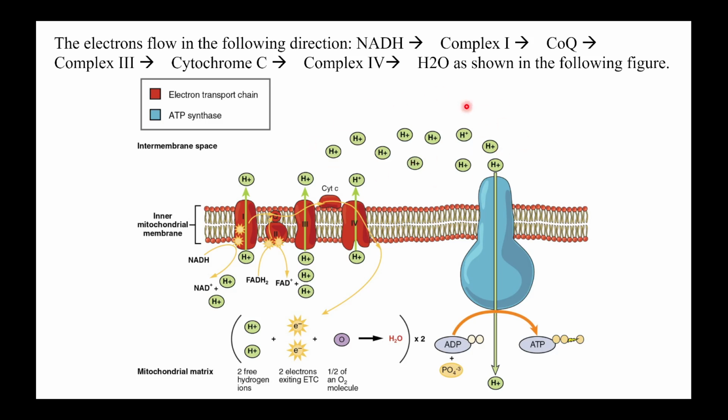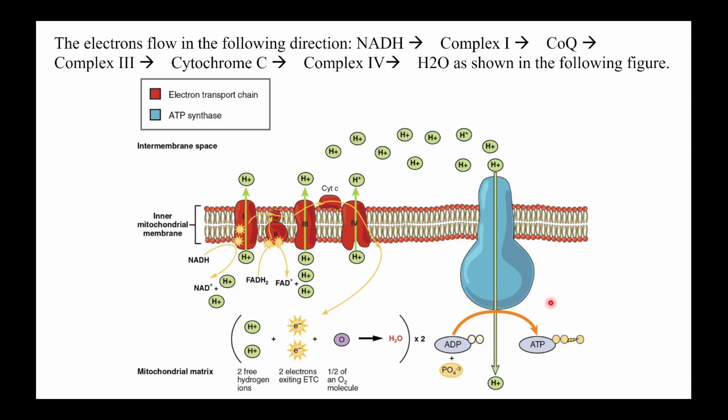So the concentration of protons becomes higher in this area than this area. You can see the protons are being pumped outside, and because of this proton gradient, the protons are then transferred from the intermembrane space to the mitochondrial matrix by the fifth complex, or the ATP synthase.